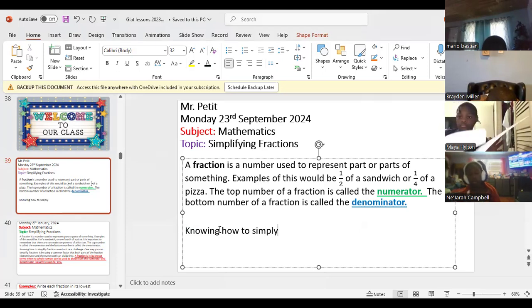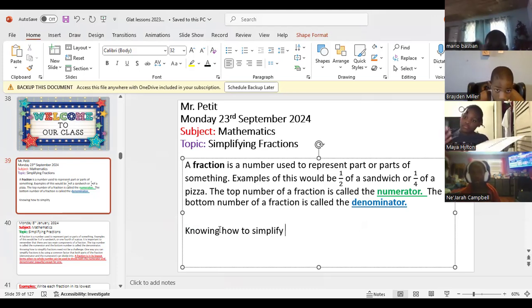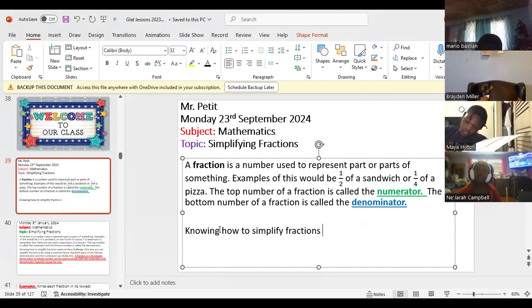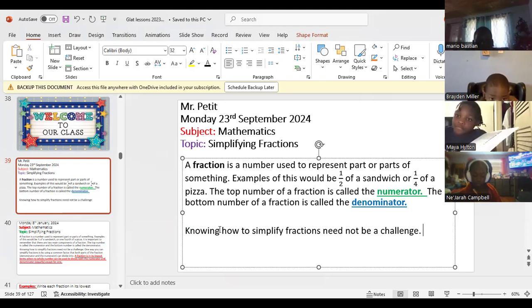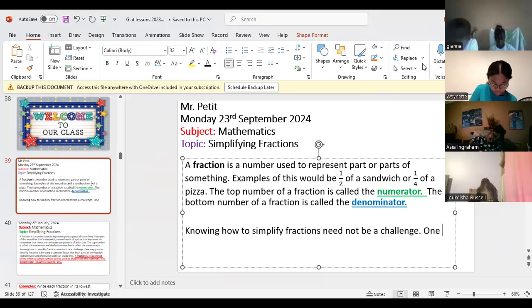A numerator. And what do we call the bottom number? Denominator, very good. So knowing how to simplify fractions, that's our objective for today.